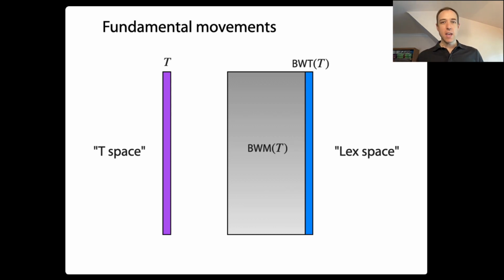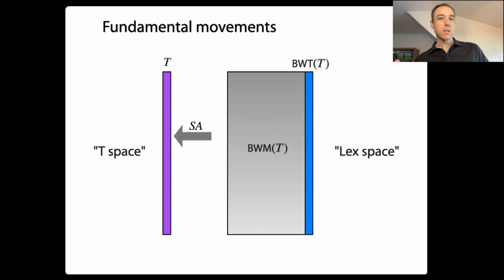And we have ways of moving in these spaces, right? These are the fundamental ways that we move around. We just discussed one of them, which was the LF mapping. There's also a way of translating from one space's coordinates to the other. When we are doing locate queries, we are trying to do a translation from the lex space coordinates to the t space coordinates, and that is what the suffix array does.